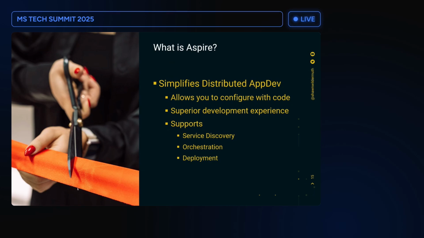And some of the services it supports is the idea of service discovery, so a way for one service to know about another. Excuse me, orchestration, which is going to allow us to figure out how a message or an API call or whatever crawls its way through our architecture.